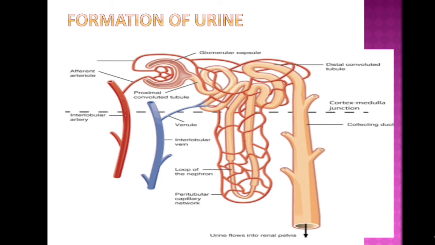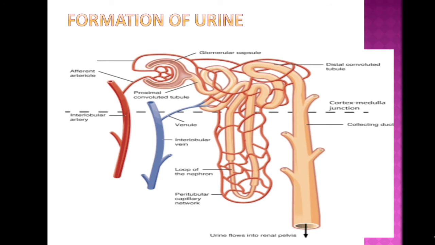So here you see in the diagram, each capillary cluster in the kidney is associated with the cup-shaped end of a tube that collects the filtered urine, and each kidney has a large number of these filtration units called nephrons.